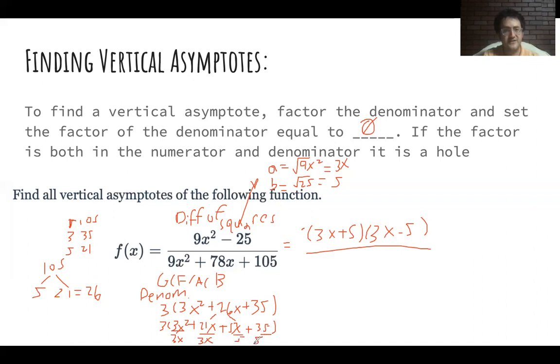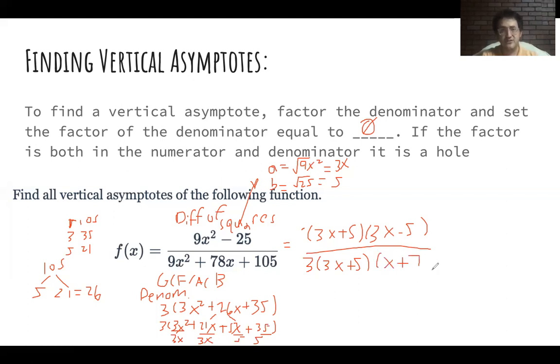So at the end of the day, when I factor, I have a 3 times (3x + 5) times (x + 7).